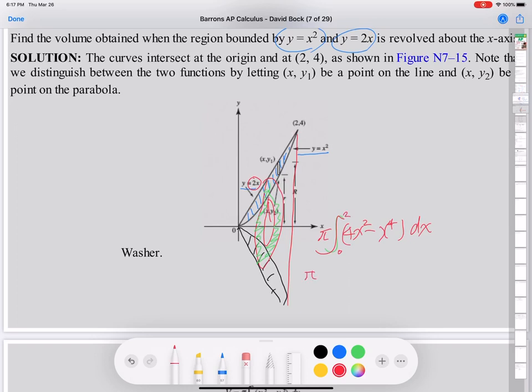So pi times (4 over 3 x cubed minus 1 over 5 x to the fifth) from 0 to 2. Plugging in, 4 over 3 times 8 minus 1 over 5 times 32, minus 0, so (32 over 3 minus 32 over 5) pi.